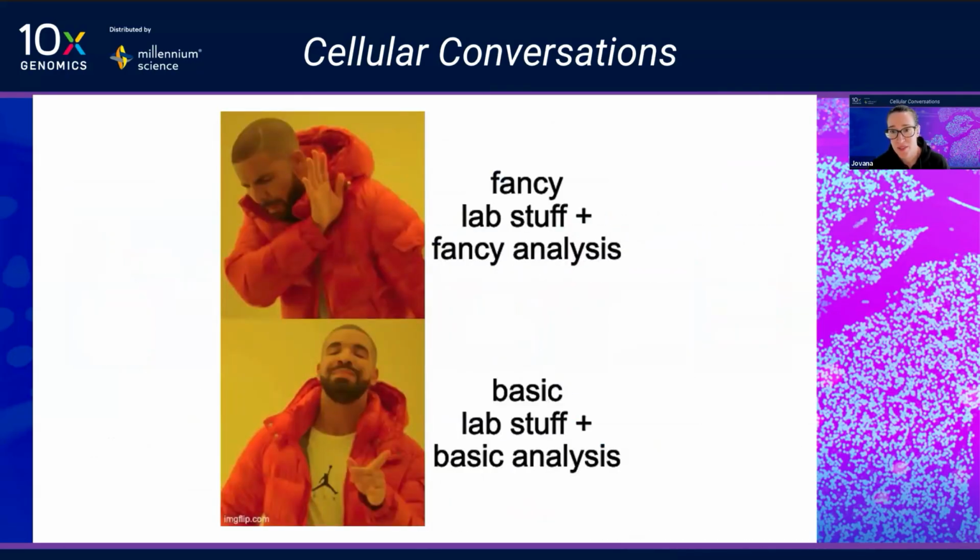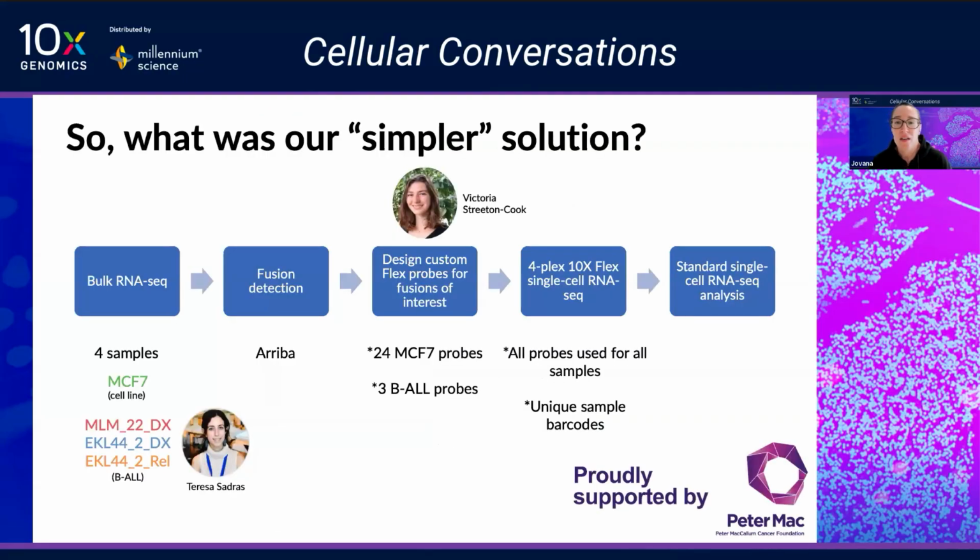So what we were really hoping to do was avoid all the fancy lab stuff and fancy analysis that people were trying to do, and do something quite basic. Basic in the lab, but also basic in terms of analysis, in terms of the single cell analysis that we're used to. So what was this simpler solution that we came up with?